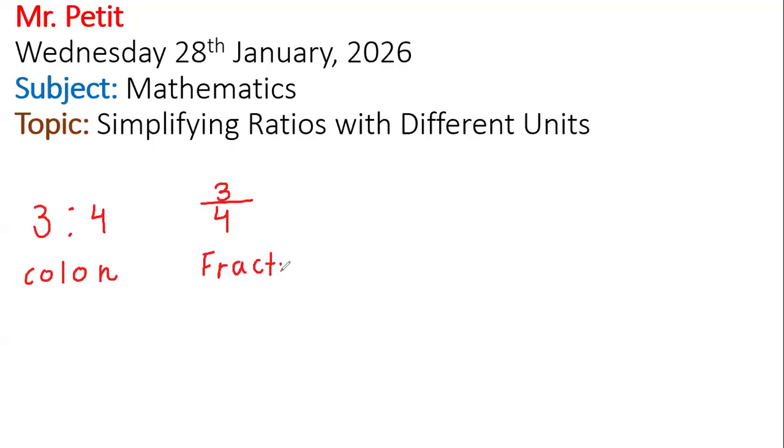Or we have the word form, we could say 3 to 4. So we can express ratios in 3 ways: the colon, the fraction, or word form.